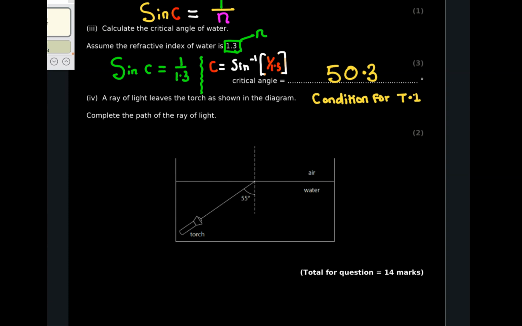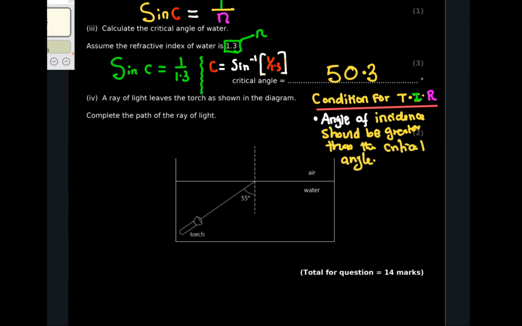So you see, the conditions for total internal reflection are: the angle of incidence should be greater than the critical angle. That's one of the conditions. And the second condition is the ray must be traveling from a dense medium to a less dense medium, which is the case. It's moving from water to air. So the two conditions are satisfied.